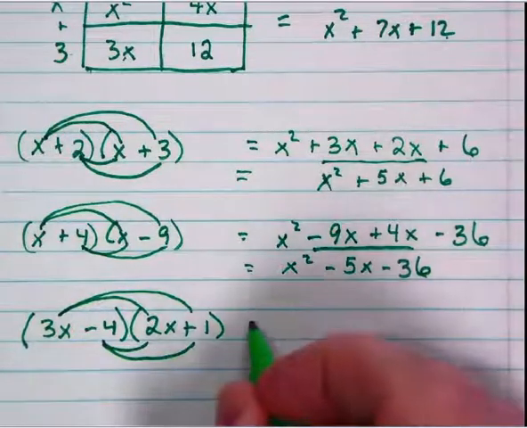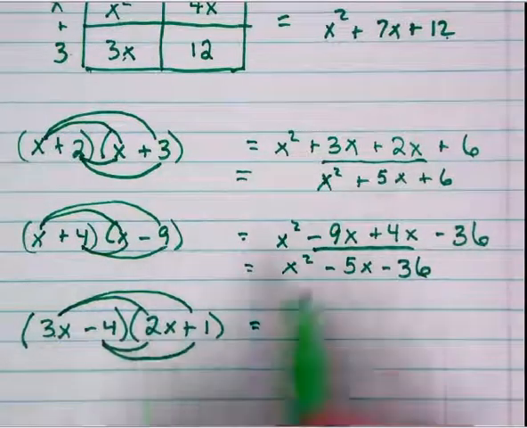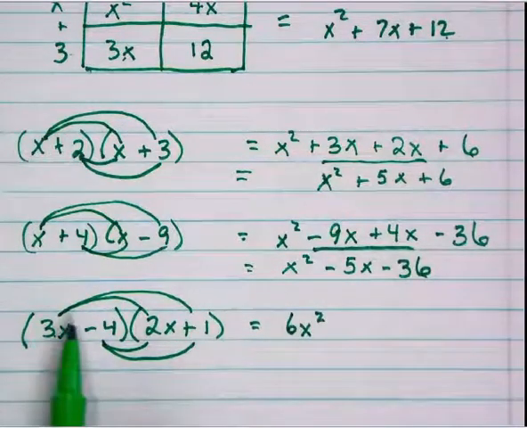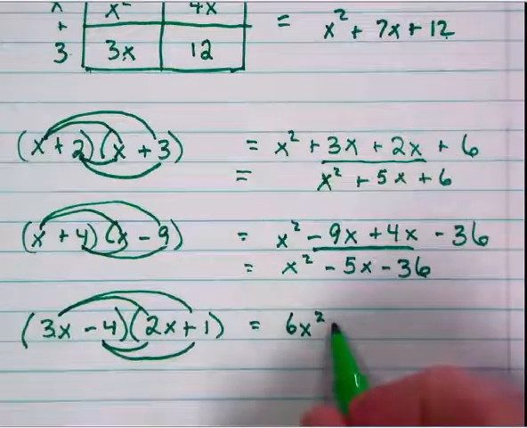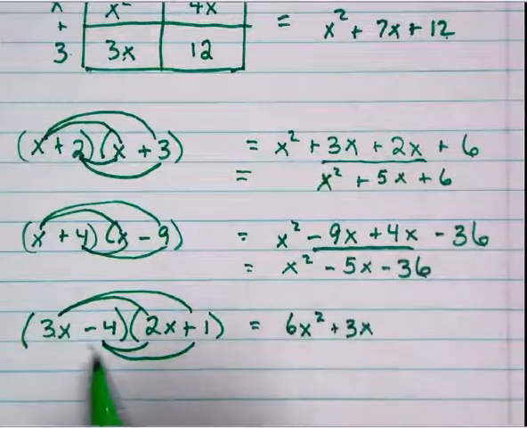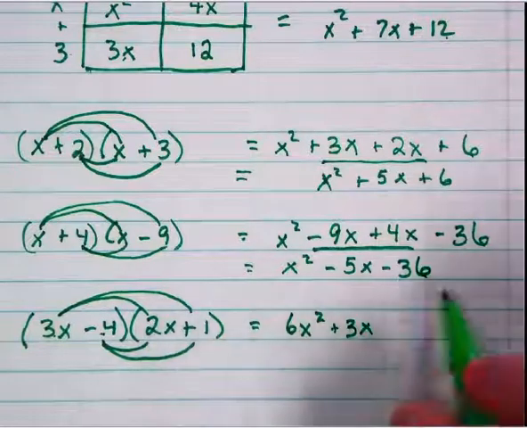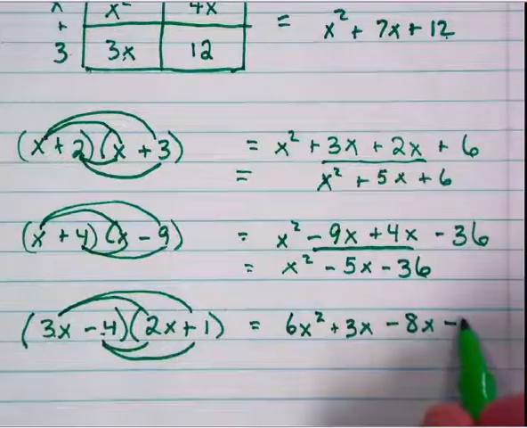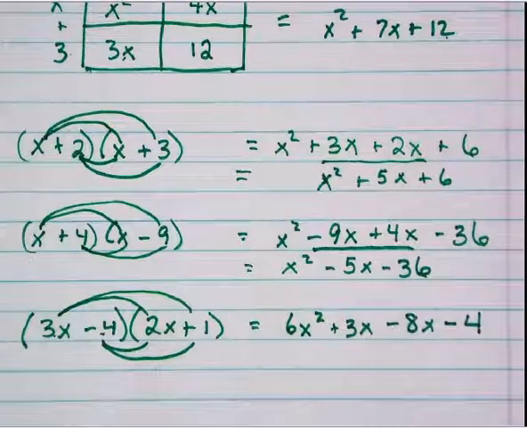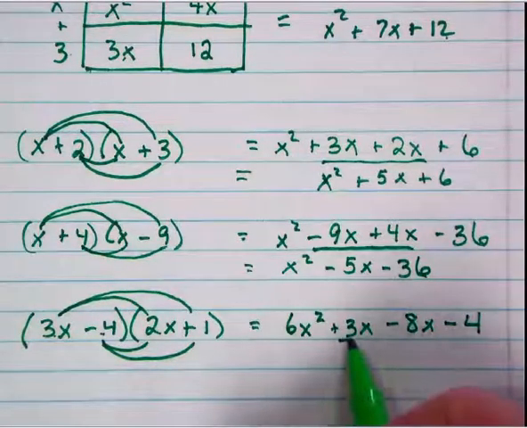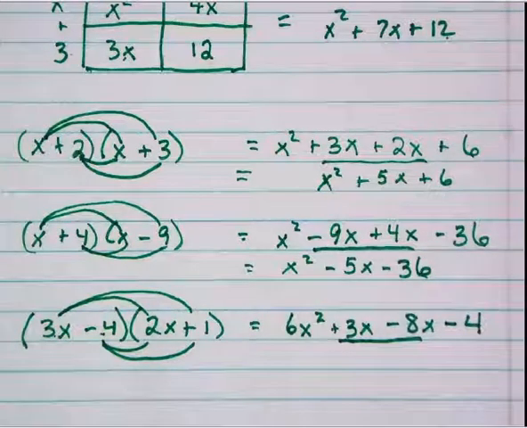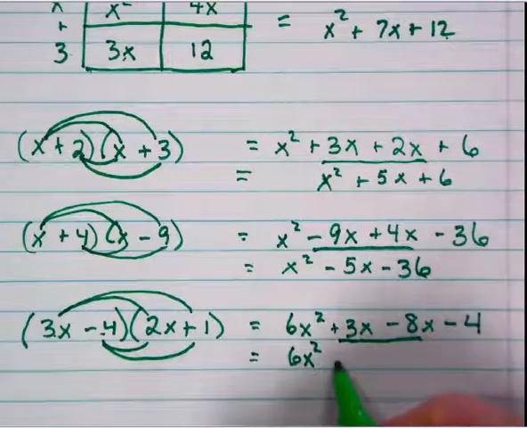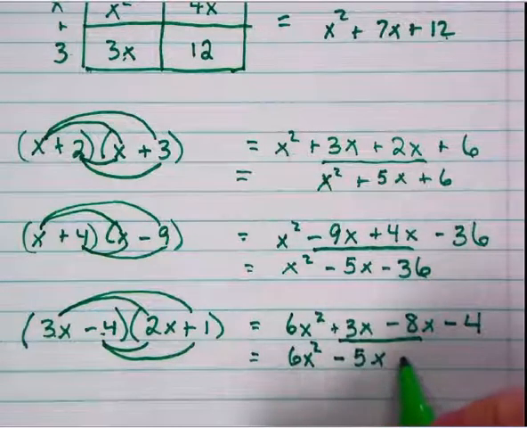So when I do that, 3x times 2x is 6x squared. 3x times 1 is 3x. Negative 4 times 2x is negative 8x. And negative 4 times 1 is minus 4. Look, we still have these two middle terms that get combined. So this is actually going to be equal to 6x squared minus 5x minus 4.